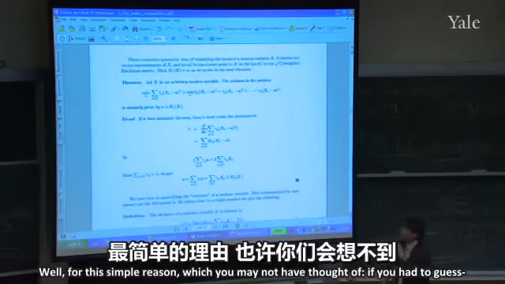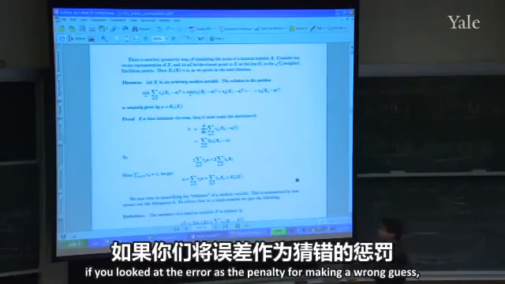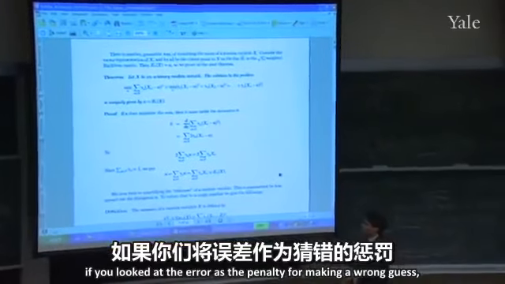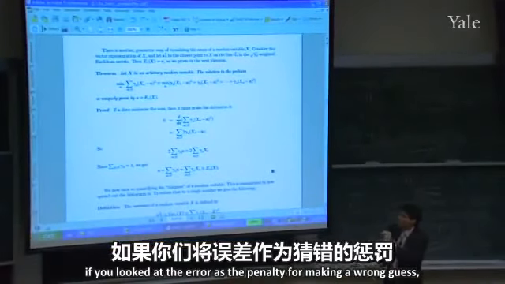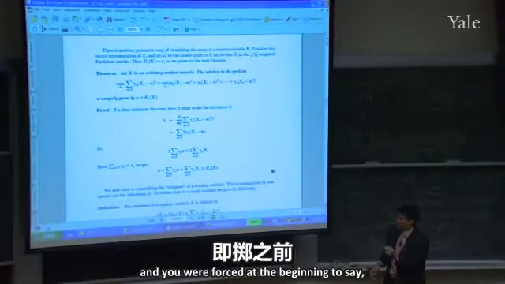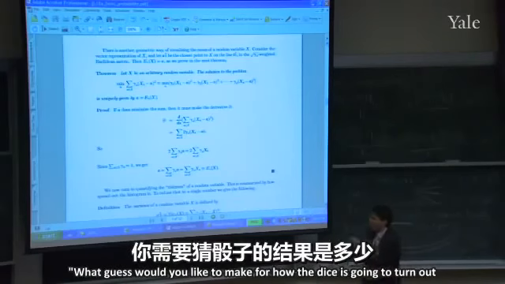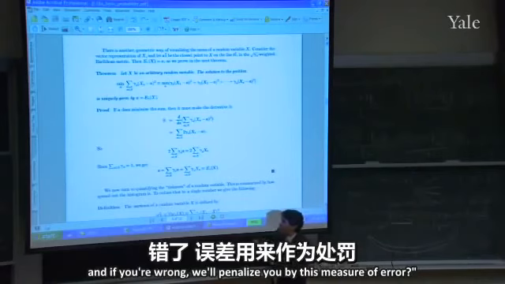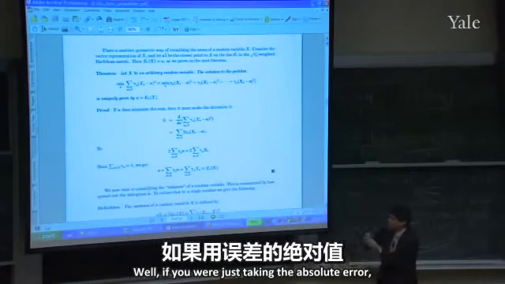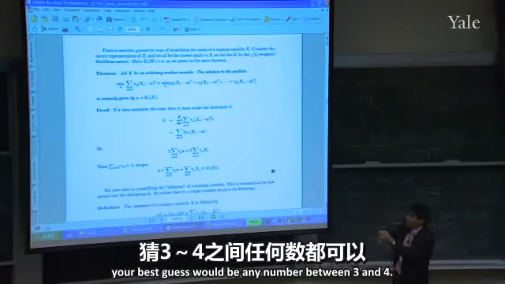Well, for this simple reason, which you may not have thought of: if you looked at the error as the penalty for making a wrong guess, and you were forced at the beginning to say what guess you would like to make for how the die is going to turn out, and if you're wrong, we'll penalize you by this measure of error. Well, if you're just taking the absolute error, your best guess would be any number between 3 and 4.